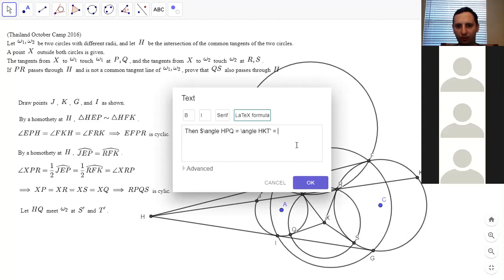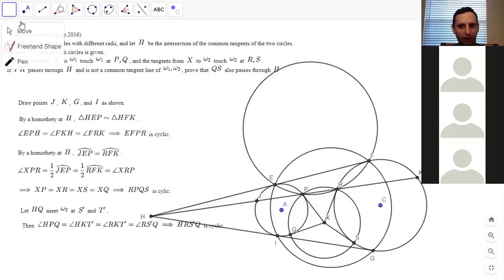So HPQ would be HKT prime, which is RKT prime, which is RS prime Q. And so that means that H, R, S prime, Q is cyclic, and that means that S prime equals S. So this is just like a backwards way of writing it.